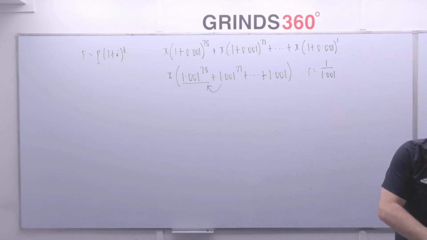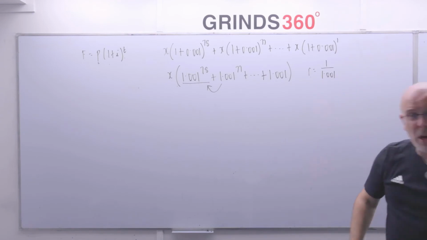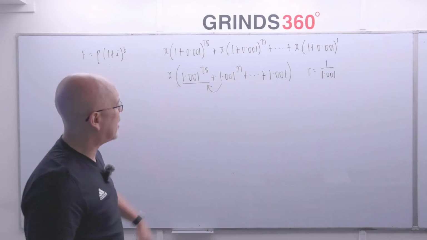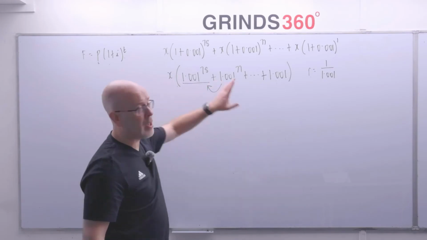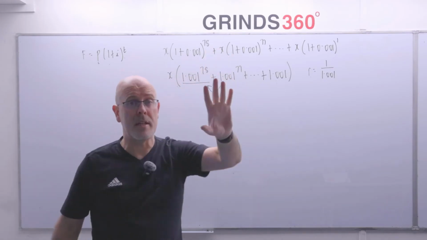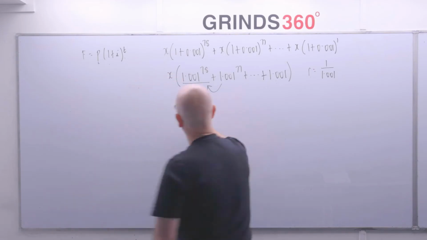If you're using your calculator to do that division, you'll get 1,000 over 1,001. That's fine. Remember, you can divide this by hand or by using your calculator. That's entirely up to you. And n is 78. It's the number of payments, every week for 78 weeks.